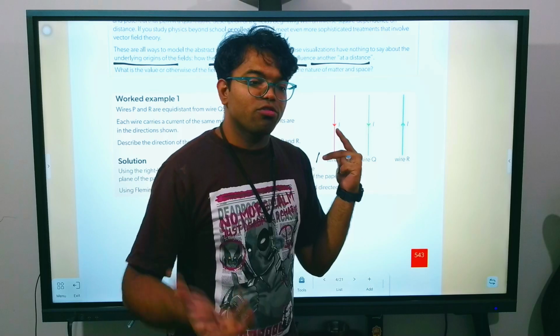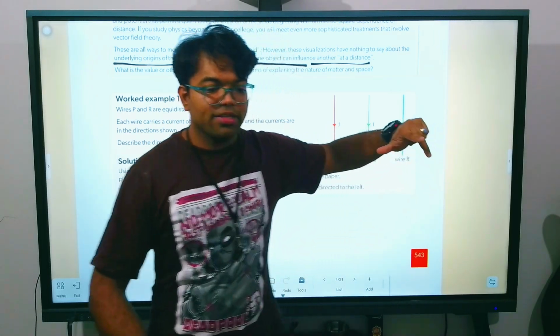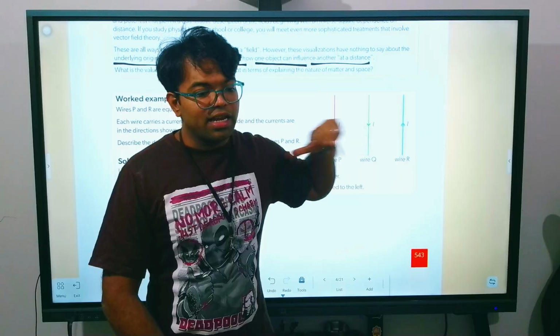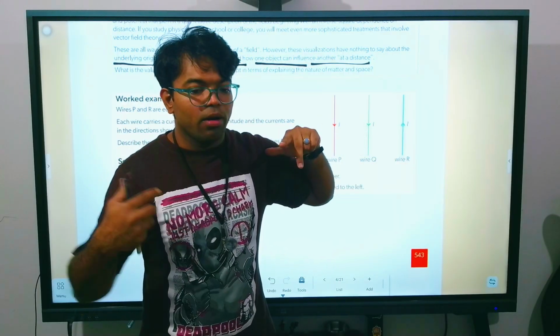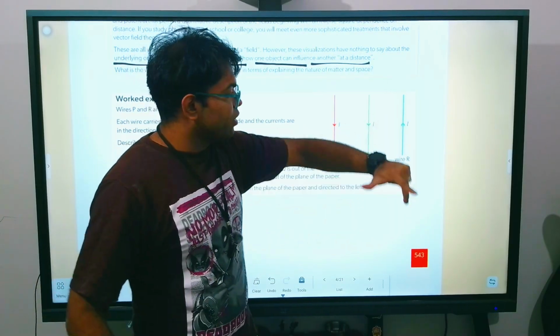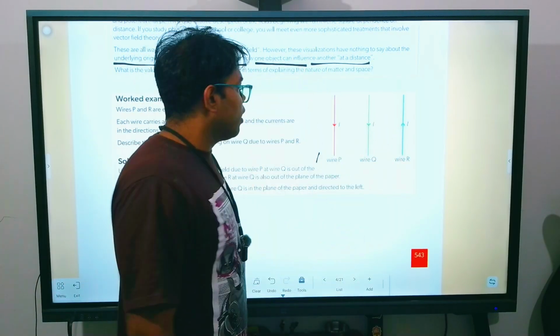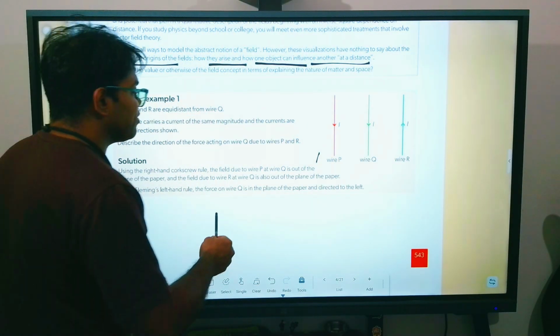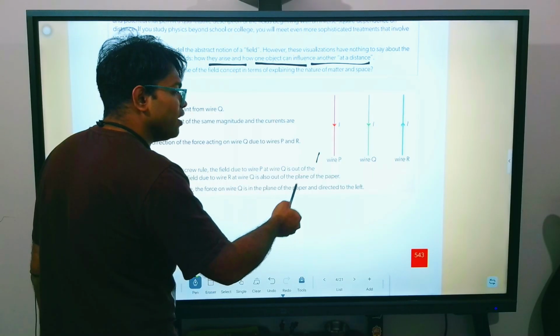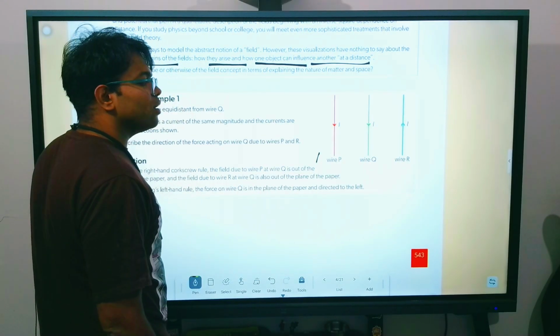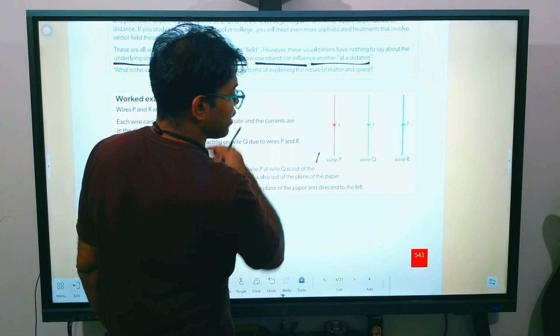My camera is flipping everything, but you have to understand that this is the left. Understood? This is my left. Now, let's move on. Using Fleming's left-hand rule, the force on the wire Q is in the plane of the paper and directed towards the left in this direction.